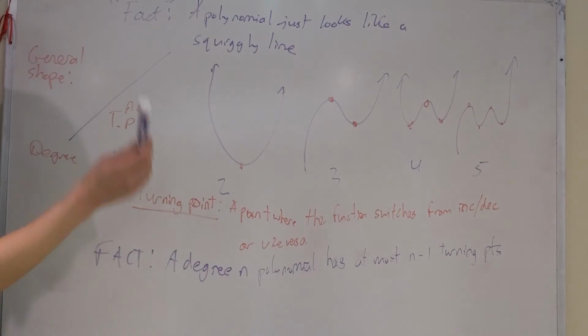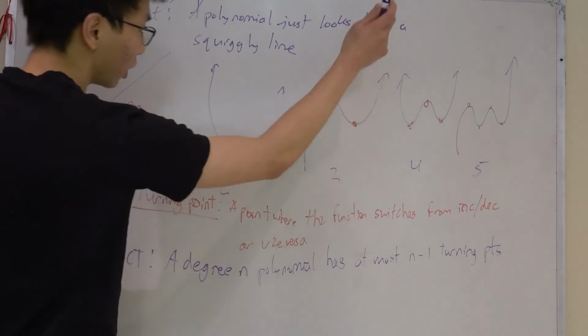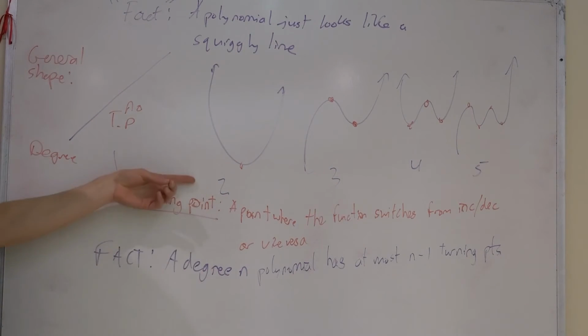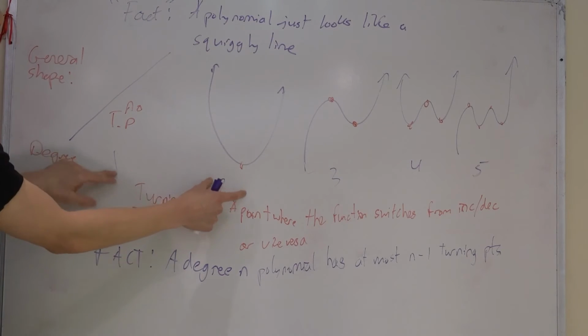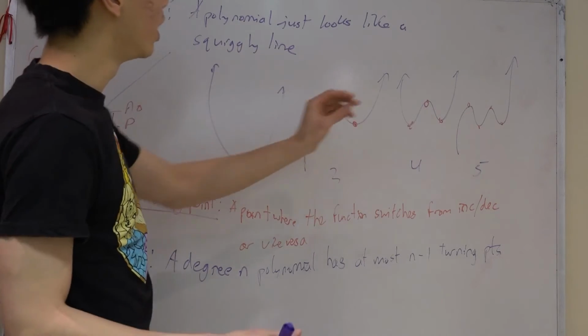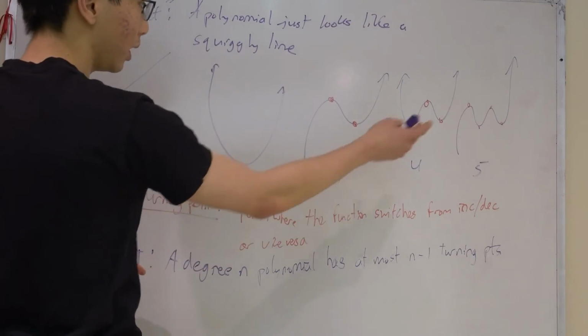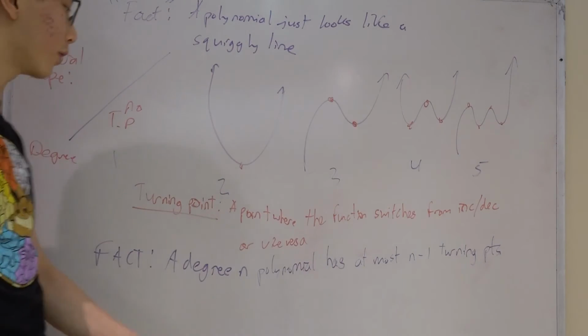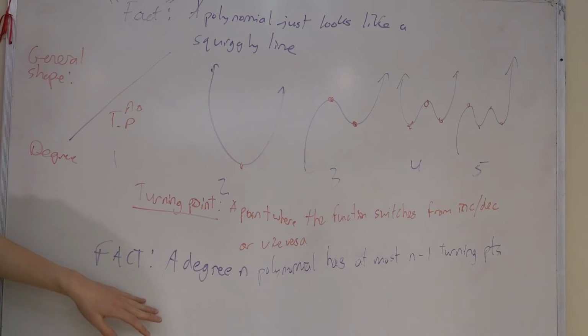Alright, so here, no turning points, 1 turning point, 2 turning points, 3 turning points, 4 turning points. So the degree of the polynomial should always be 1 more than the number of turning points. Okay? Again, these two examples, you've had more than enough experience with them. As we go through these, you're going to get more experience with these degree 3, degree 4, degree 5 polynomials, and you'll eventually see that this fact is true. But for now, we can't do any more progress until I tell you this is true. Okay?